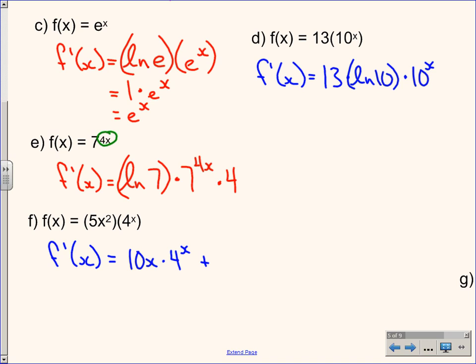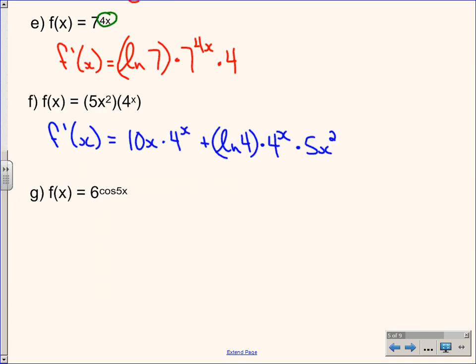The derivative of the second would be ln 4 times 4 to the x, right? Derivative of that one, ln of the base times the function again. That's derivative of the second times the first function, which was just 5x squared. So that's how we're using the product rule to get the derivative in that case.